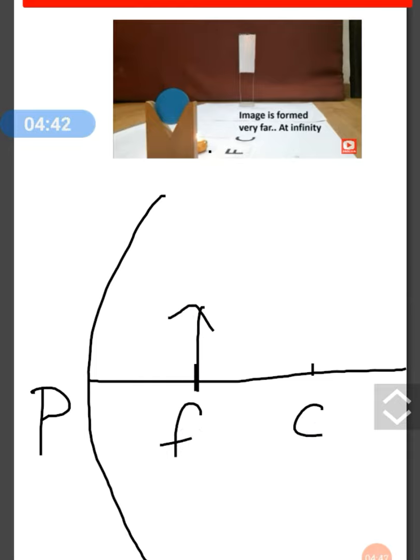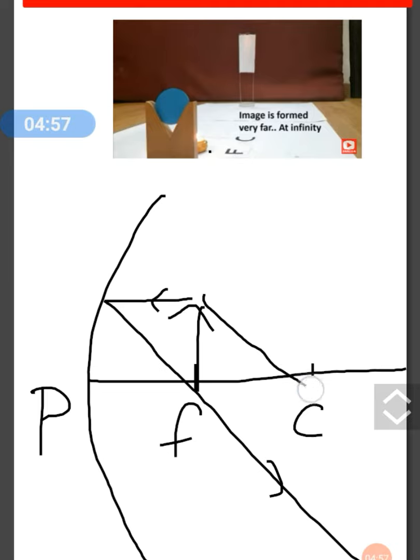The object is at F. The first ray is parallel to the principal axis and the reflected ray passes through the focal point. Now, the second ray we will not draw. We will draw the third ray passing through the center of curvature. So these two rays do not meet together. So the image is very far.